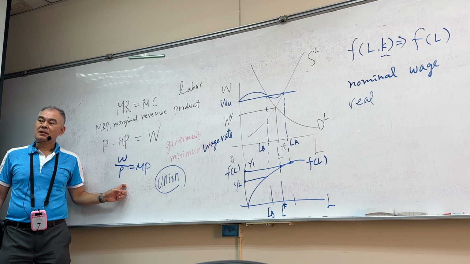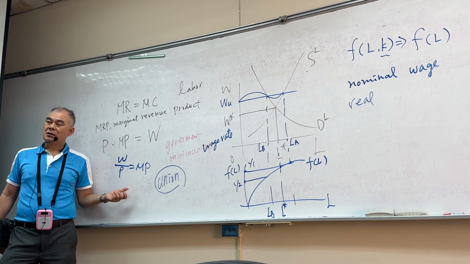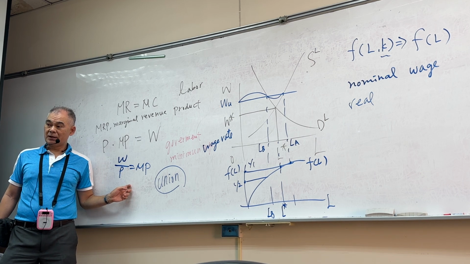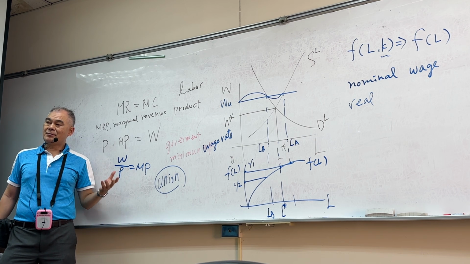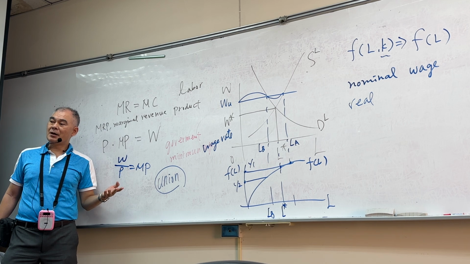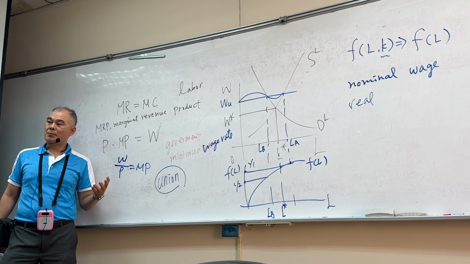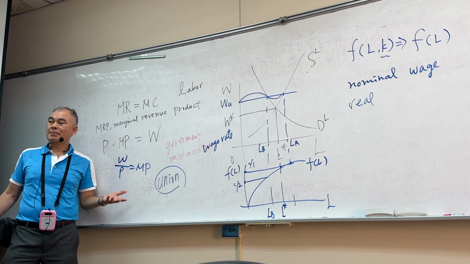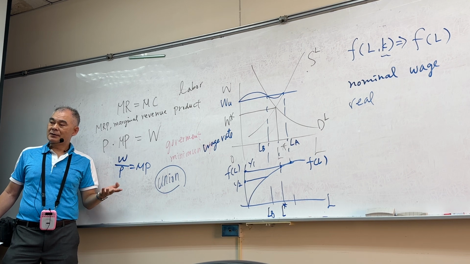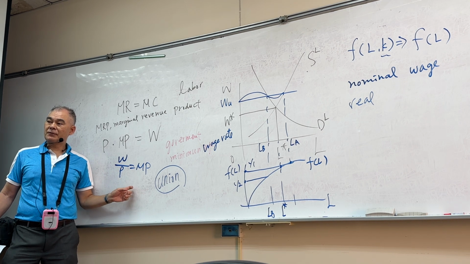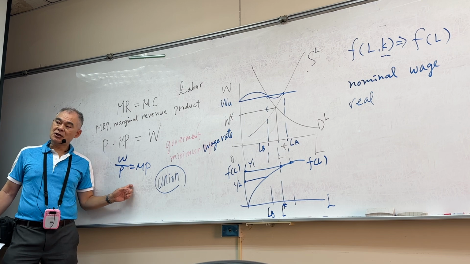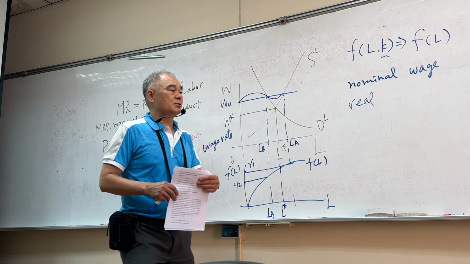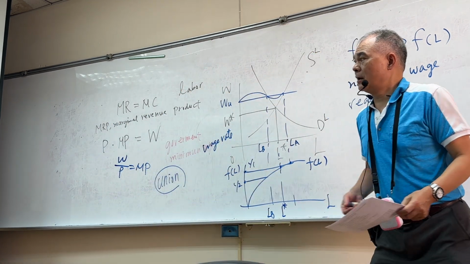So for example, say later this year, the oil price goes down, right? If the oil price goes down, what does that mean? With the same amount of money, you can buy more oil, you can buy more gas. So it means you are richer, okay? You got more income, even though your money wage doesn't change. The purchasing power of your money is going up, okay? Questions?